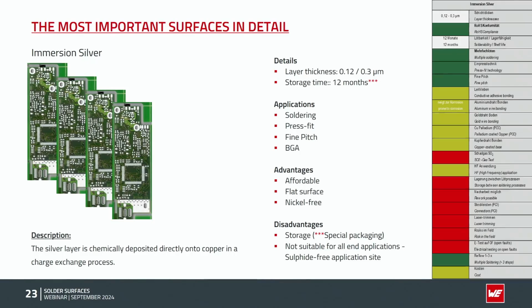We will see that later on. It's affordable, it is flat, it's nickel-free, but you have to care for the packaging and the storage. So everywhere you have sulfate in the air, it's critical.